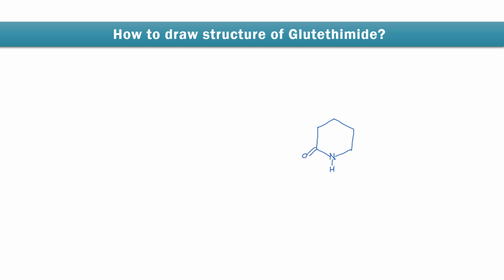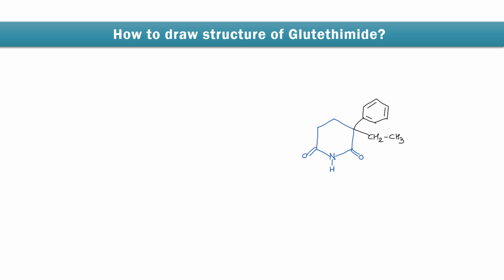After the piperidine ring, you have to just add the double bond O on both sides of nitrogen. Then you have to attach the same groups which are attached in phenobarbital, that is the ethyl group and the phenyl ring, which are attached on exactly the same carbon atom as in phenobarbital.